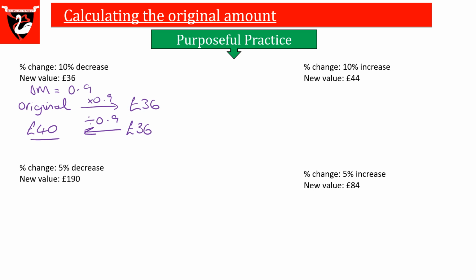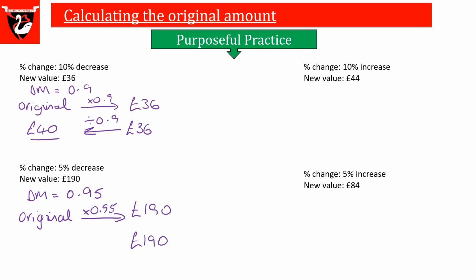This time we have a 5% decrease, so our decimal multiplier is 0.95. So we have our original multiplied by 0.95, giving us a value of £190. So we start with £190, we divide by 0.95, giving us a final original amount of £200.